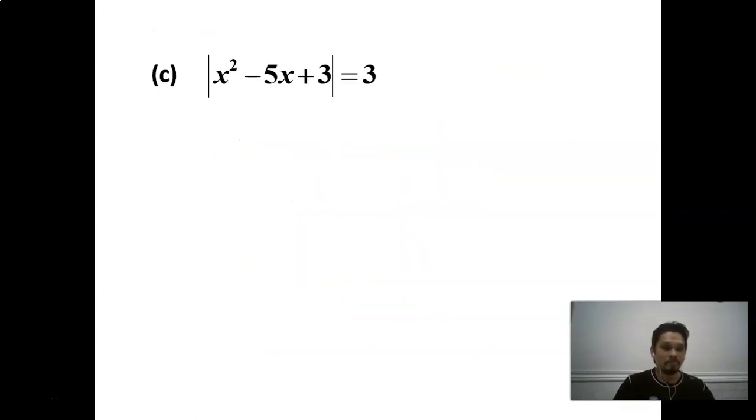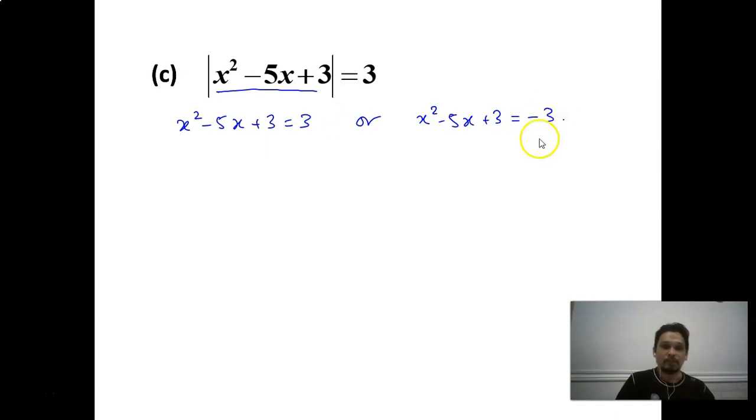And now, this is quadratic. The modulus, or absolute value, of a quadratic equals 3. It is x squared minus 5x plus 3 equal to 3, or x squared minus 5x plus 3 equal to negative 3. We solve one side at a time.